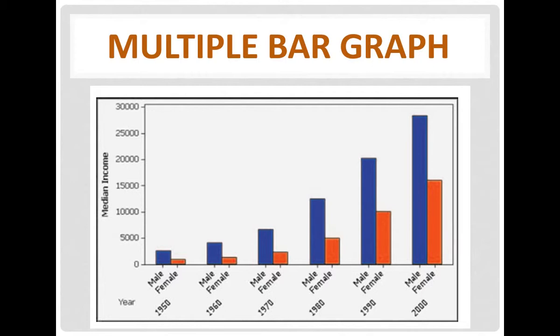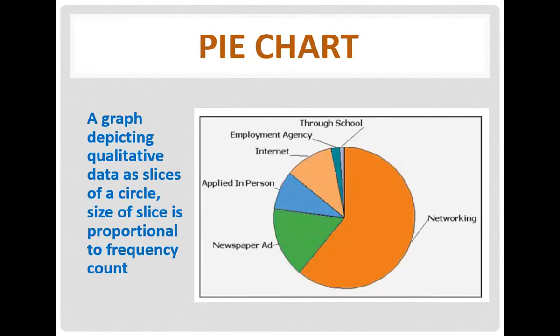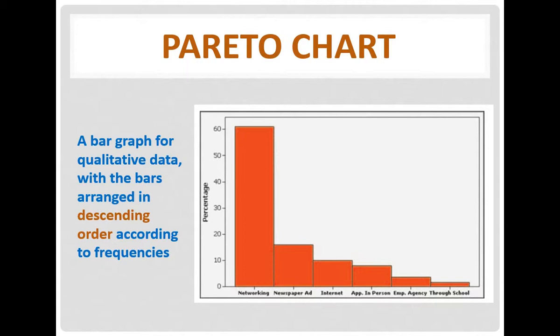Pareto chart. Oh, this you will need to know. Oops. Back up. Pareto chart. This is also used with your categorical data, okay? Basically, you guys, it's a bar graph, but it's a specific bar graph. The specific point is your data has to be arranged in descending order. That's the key that you have to know how to do, okay?